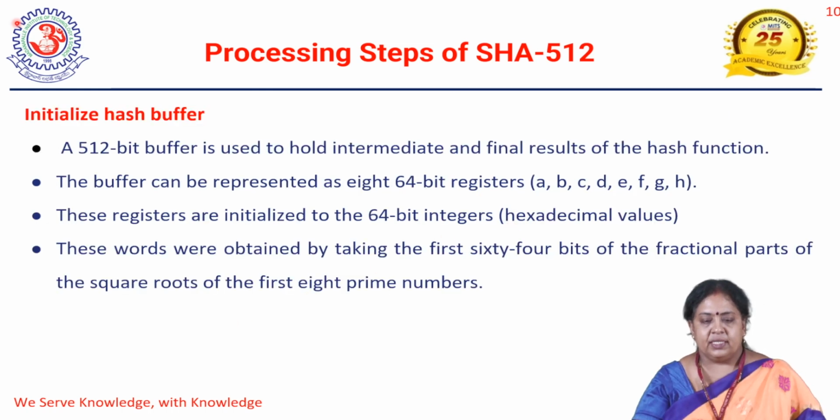After that we have to initialize the hash buffer. The next step, after adding the length field, performing the padding and dividing the message into blocks, is to initialize the hash buffer. This hash buffer is a 512 bit buffer which is used to hold the intermediate and final results of the hash function.